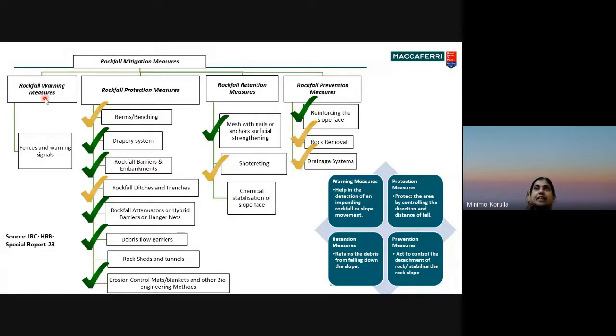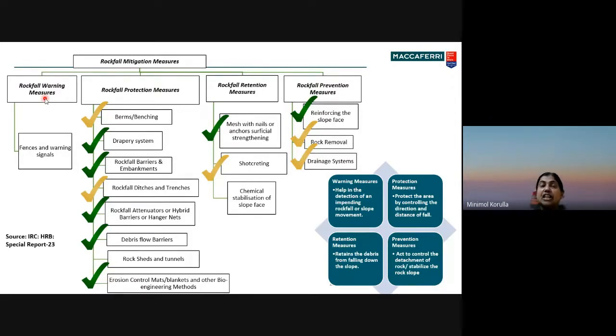It was operated digitally. At different nodal points, wherever a slide or rock movement can happen, one end of the sensor will be there, and the other end will be with the engine room.